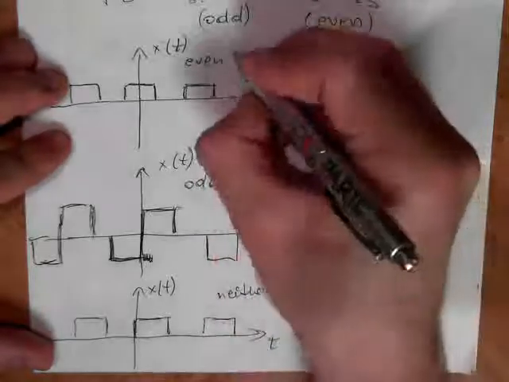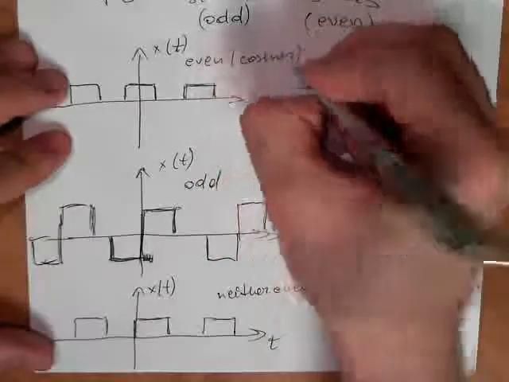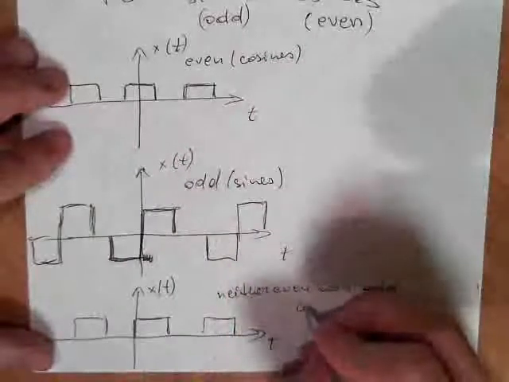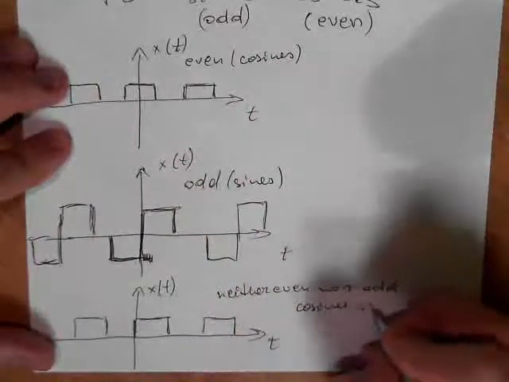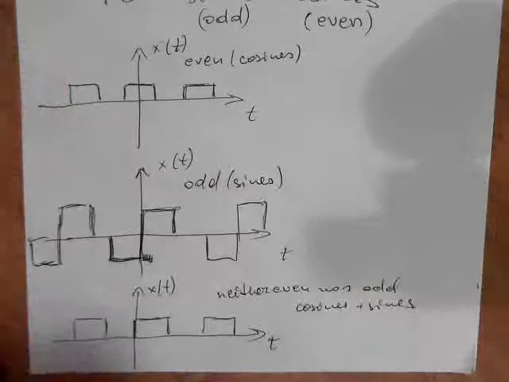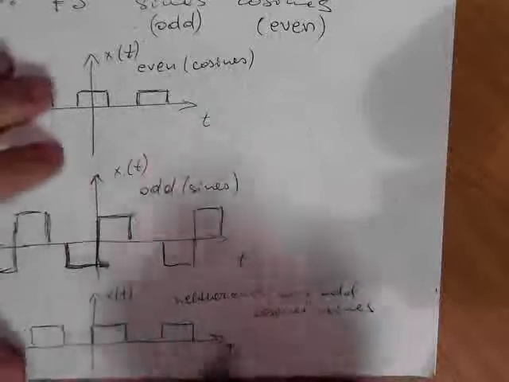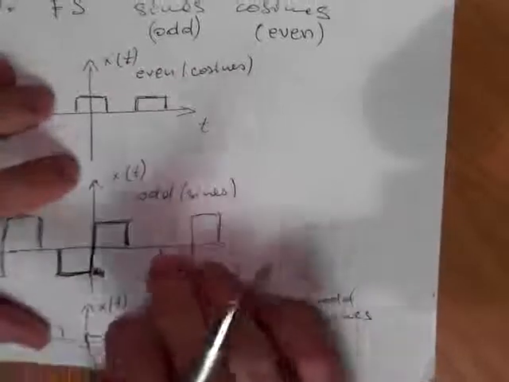So even signals are expanded by cosines, odd signals by sines, and this one by cosines plus sines. As you remember from the lecture with A case and B case, you can go back and watch that again.